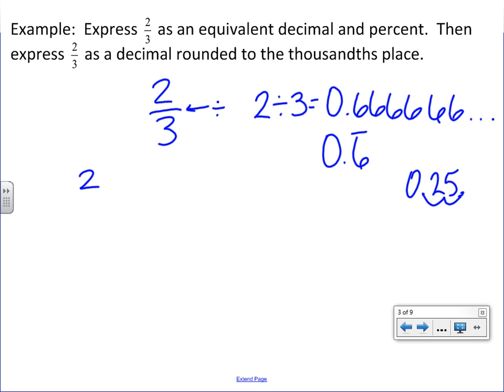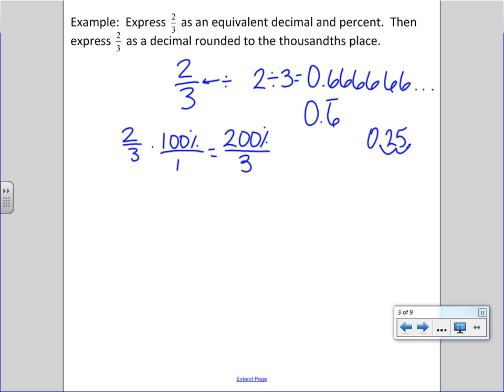So I have 2/3 times 100%. Well, we can put this over 1. 2 times 100% is going to give me 200% over 3 times 1. Now we can set it up with the 200% inside of our division umbrella and our 3 on the outside.